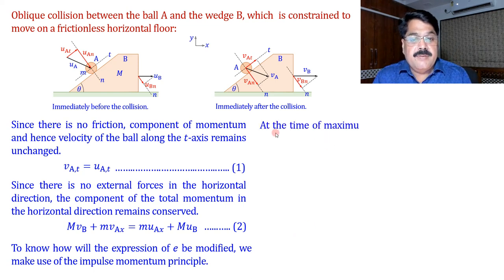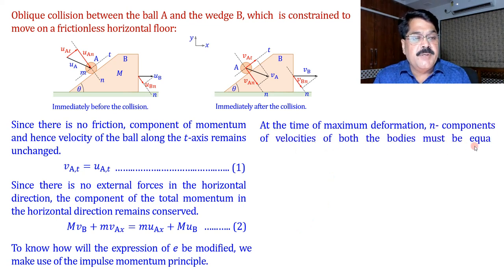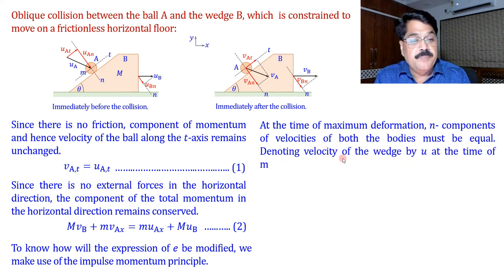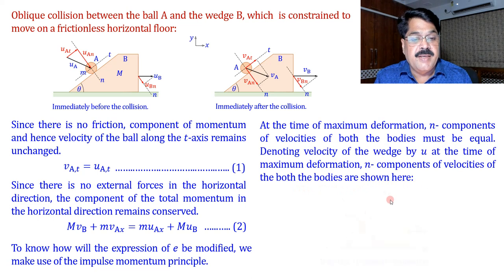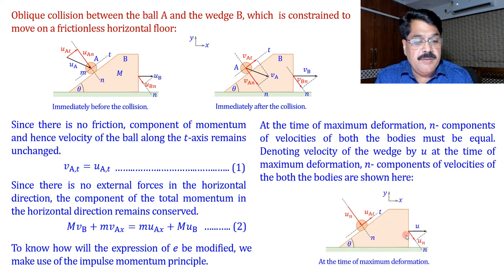At the time of maximum deformation, the components of velocities of both the bodies must be equal. Denoting the velocity of the wedge by U at the time of maximum deformation, the components of velocity of both the bodies are shown here in this diagram. You can see, this we assume U, and that is the N component.